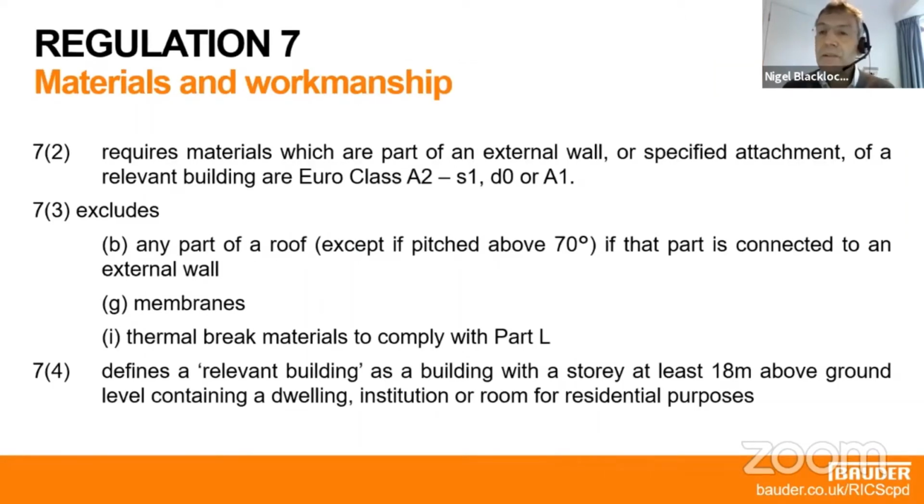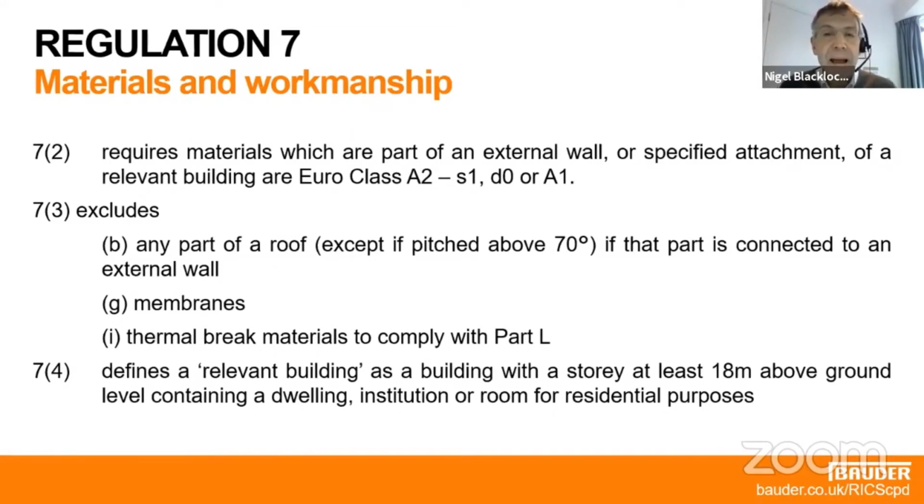So we then come into the new bit, which you could call the ban, which is Regulation 7. Regulation 7.2, on one hand, takes away: it basically says that materials need to be non-combustible, A2 or A1, when they're in an external wall or a specified attachment.